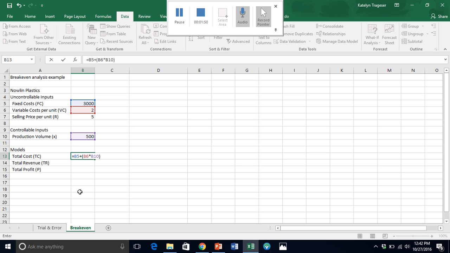Go ahead and leave this here for a second so that you can enter that function into your workbook. The next model we're looking at is total revenue. Total revenue is equal to the selling price per unit multiplied by our production volume. Again, I'll leave this here for a second so you can get it entered.